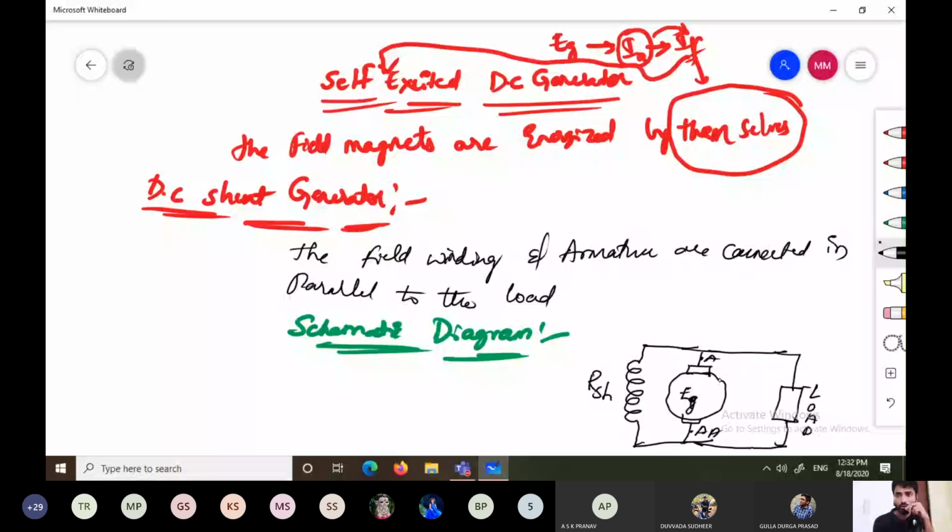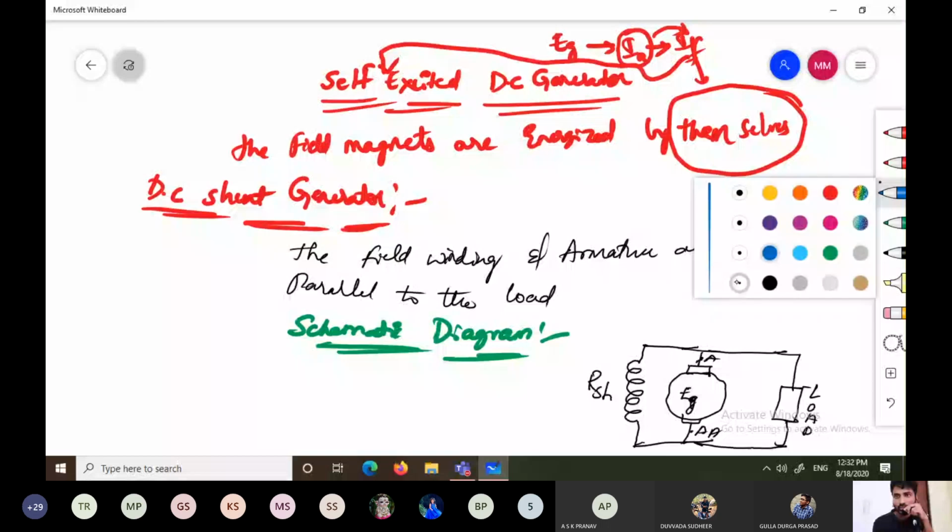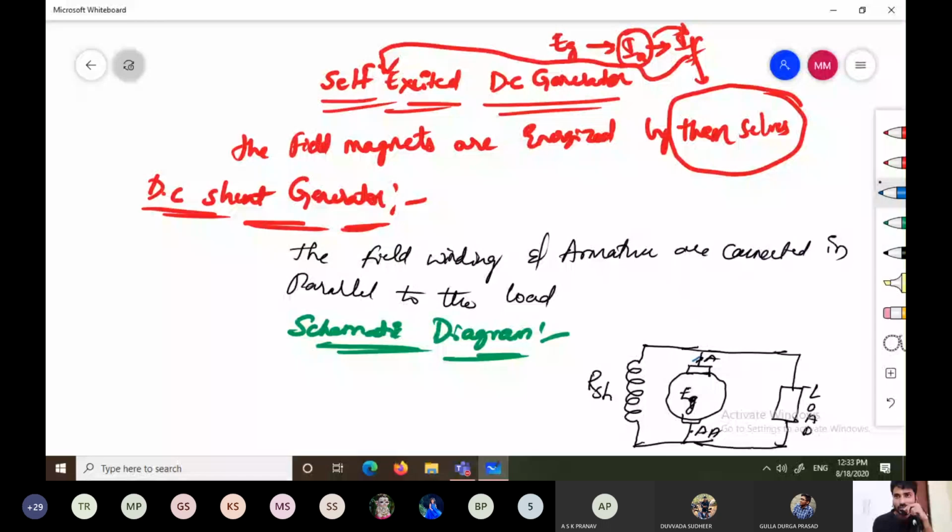Due to this EG, some current passes into this armature, and we have RA, the internal resistance of the armature, and we have a load resistance.